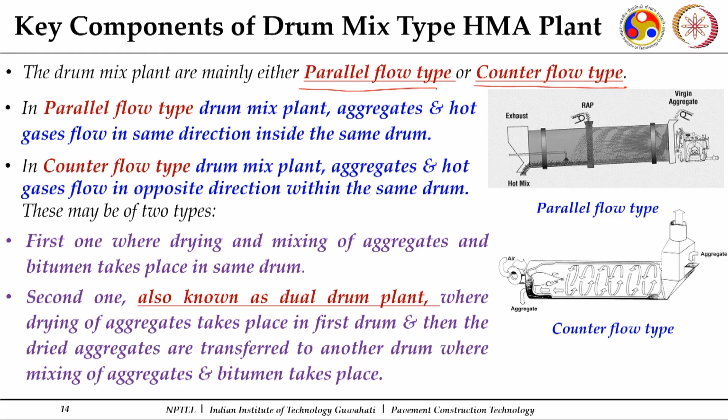As we have seen, there is a dry drum where a flame is there and the aggregates need to be dried and heated in that drum. In a parallel flow drum mix plant, aggregates and hot gases flow in the same direction inside the same drum. You can see this is the parallel flow one, and these flame gases flow in this particular direction.